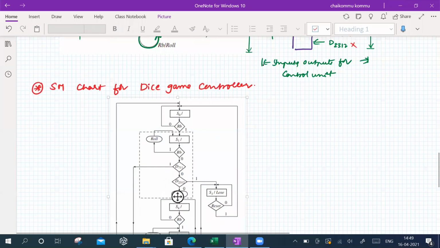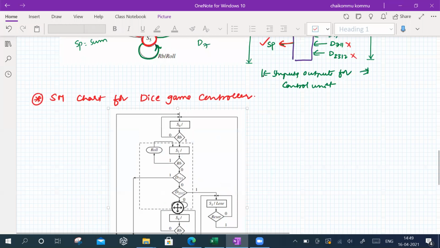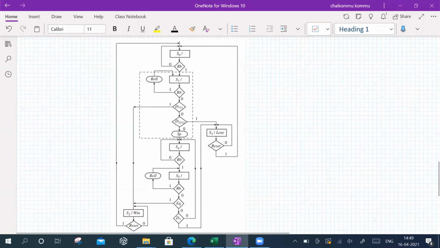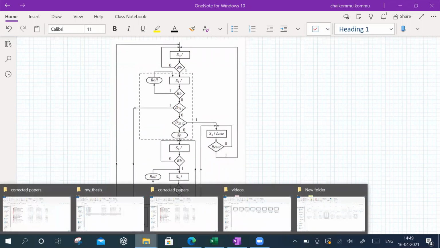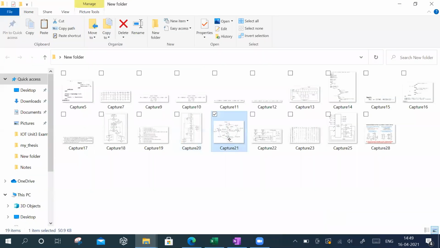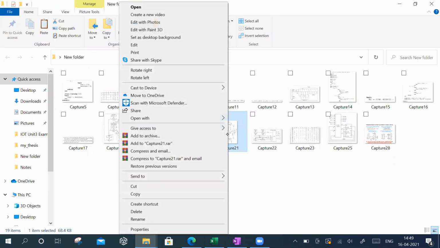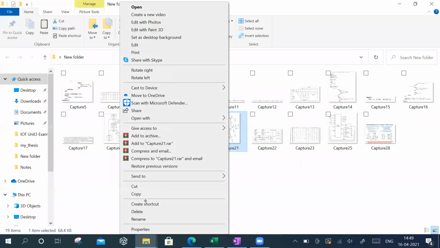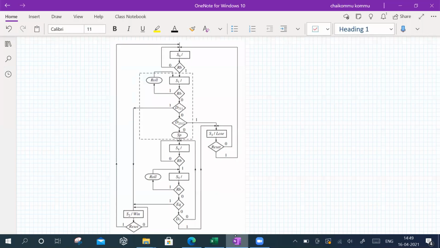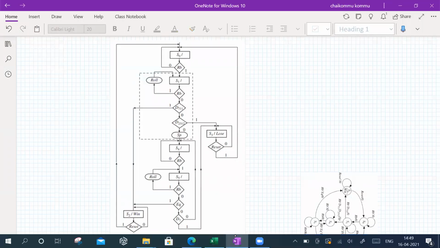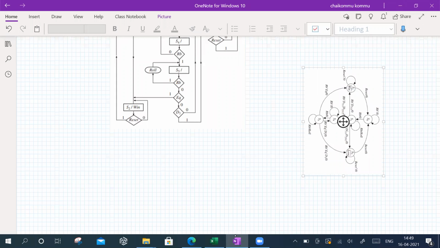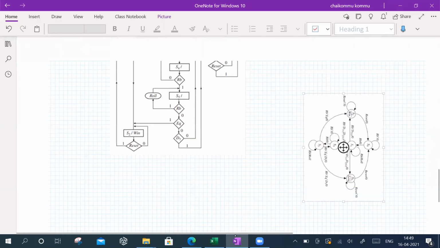Okay, very easily we can do it. What is this? It is rotated, not rotating.